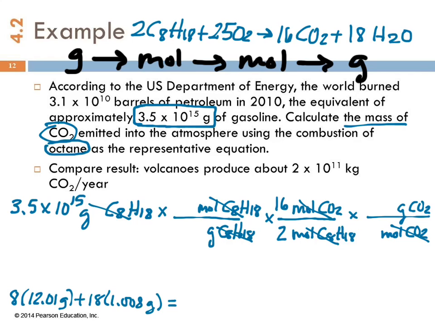8 times 12.01 plus 18 times 1.008 equals 114.224 grams of C8H18 is equal to 1 mole of C8H18.